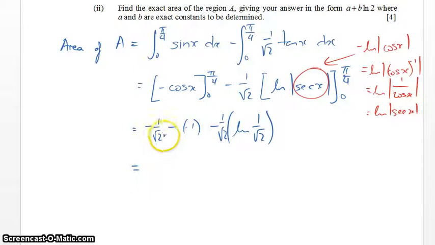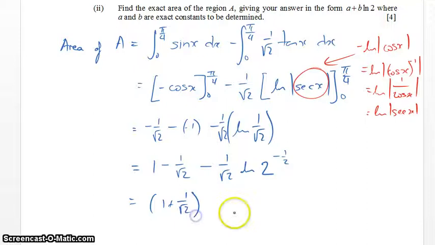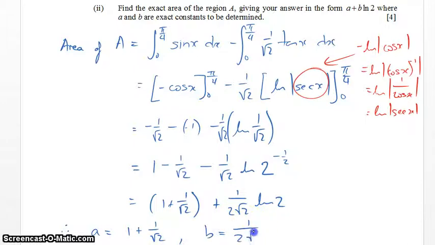So that is 1 minus 1 over root 2 minus 1 over root 2 ln, and remember we have to express it as ln 2 to something, so this is ln 2 to the negative a half. So we've got 1 minus 1 over root 2 plus, bring that half down, 1 over 2 root 2 ln 2. So answering the question, therefore A is 1 minus 1 over root 2 and B is equal to 1 over 2 root 2.